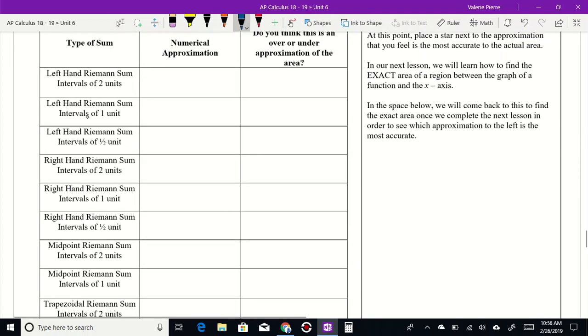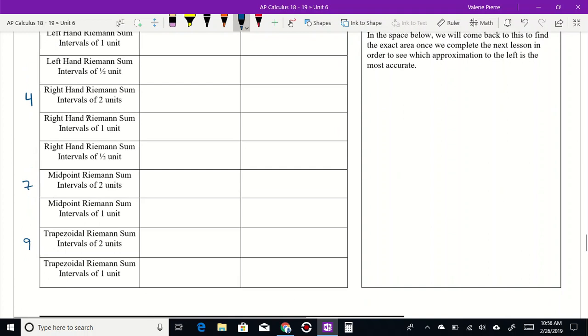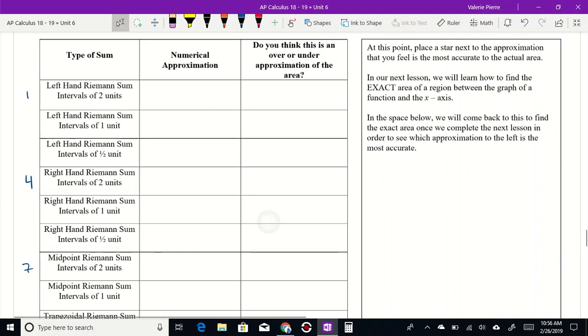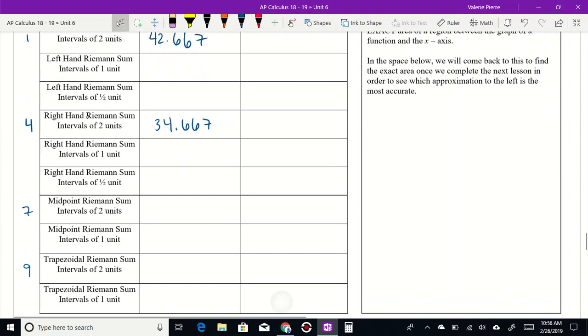So we did approximation number 1, we did approximation number 4, we did 7, and we did 9. Right, so for approximation number 1, we had 42.667. For 4, we had 34.667. For 7, we had 40.667. And for 9, we had 38.667.